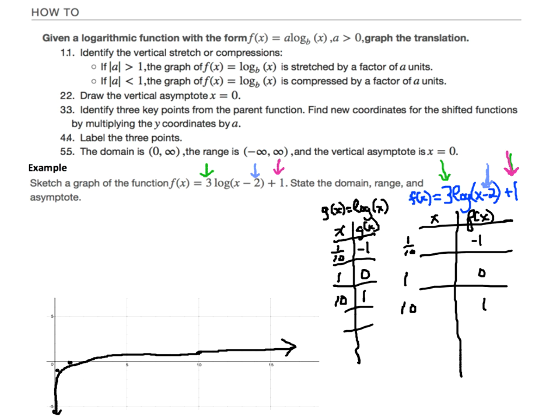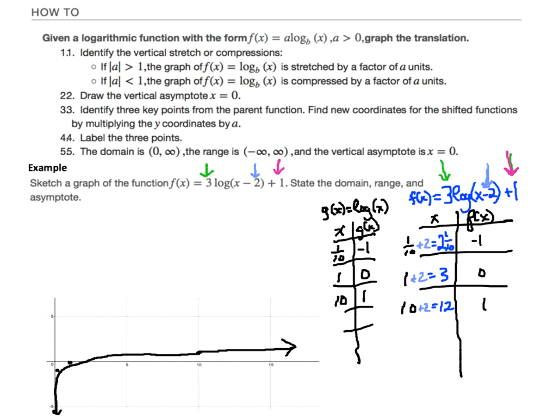All right, so for my input values, I am adding 2 to each. And that leaves me with input values of 2 and 1/10, 3, and 12.